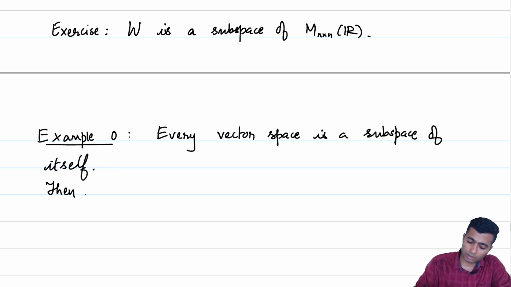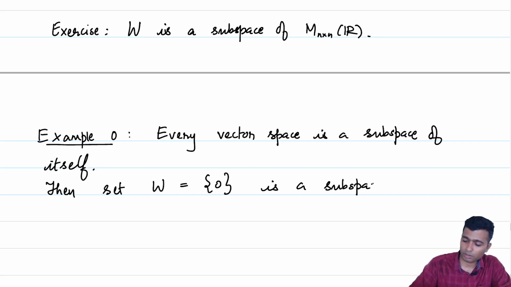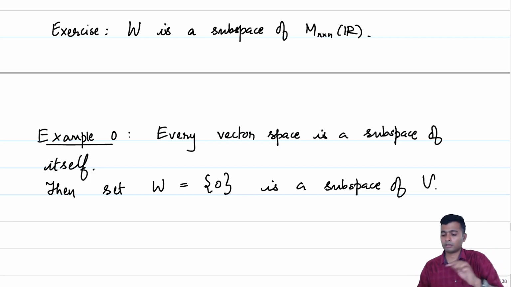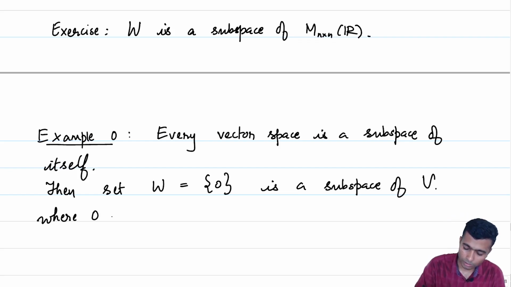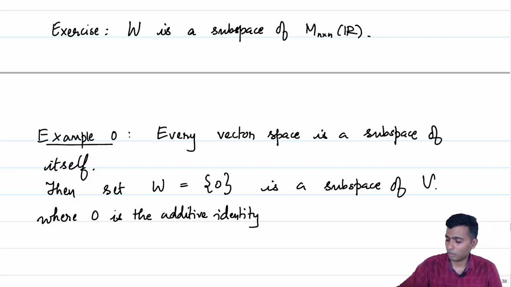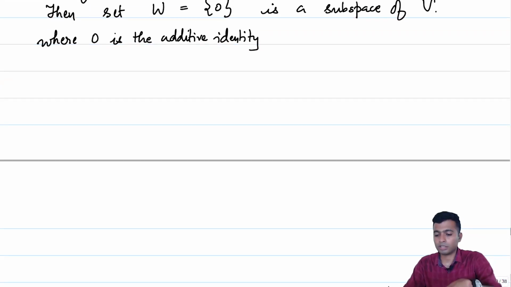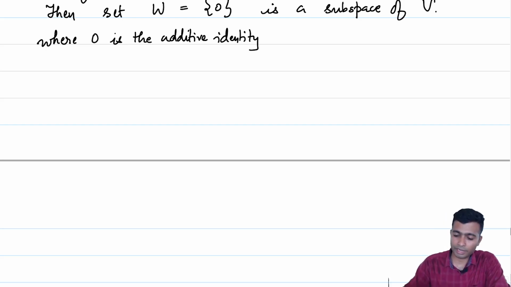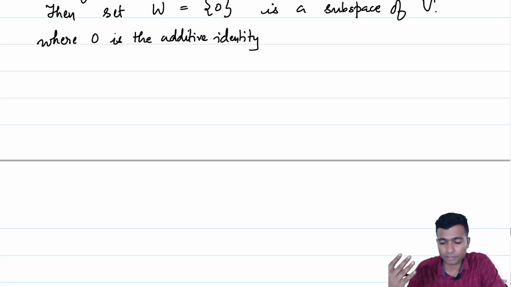The set W, the 0 vector space, is a subspace of V, where the 0 here is the 0 vector, the additive identity in capital V. The second one needs a careful observation, because the 0 is being added to itself here, and because 0 is the additive identity, you get back 0, and hence this is the 0 vector space we had defined.